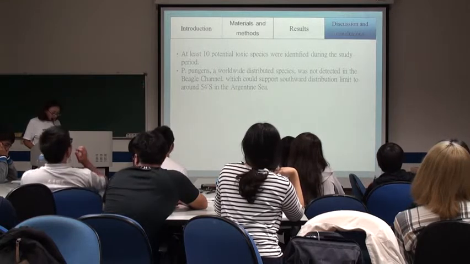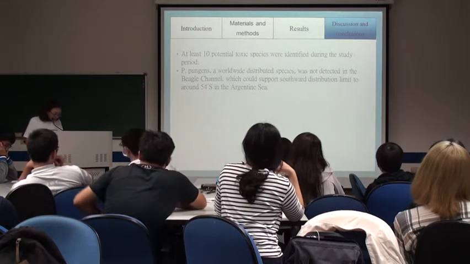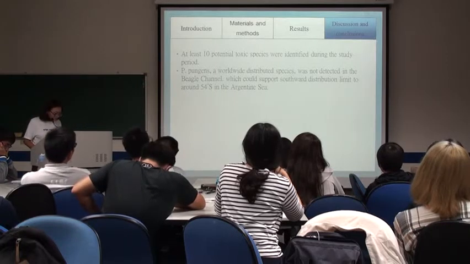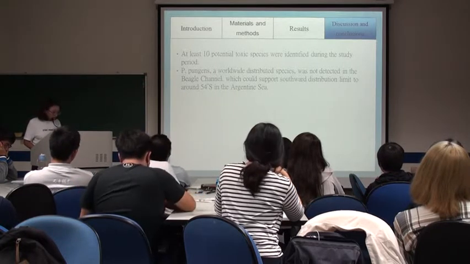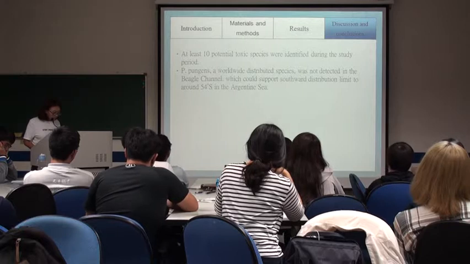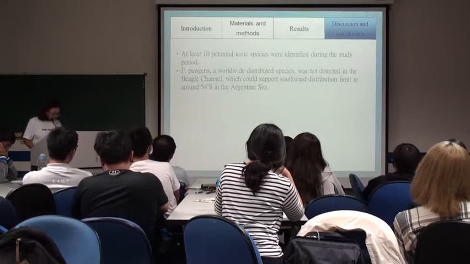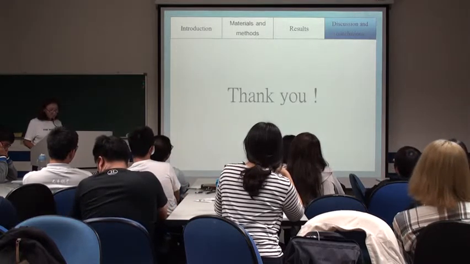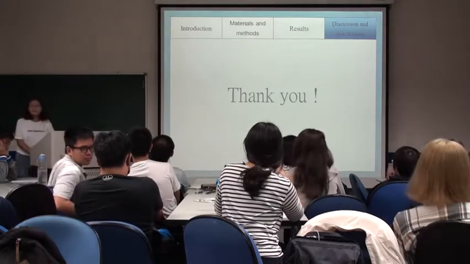These two limits to a range of 5.4 degrees Celsius in the Argentina sea. Thank you. This is my discussion.